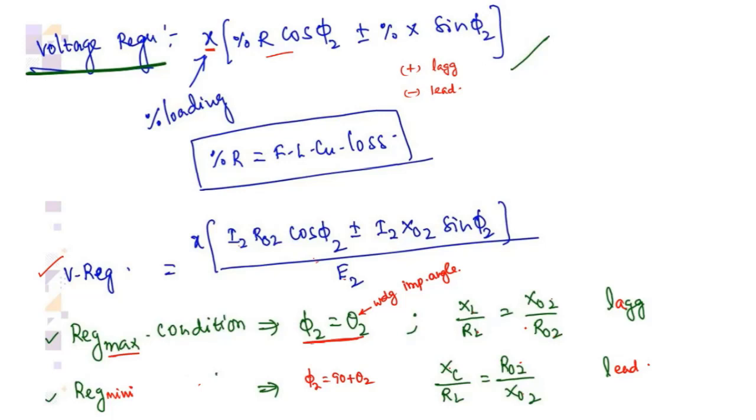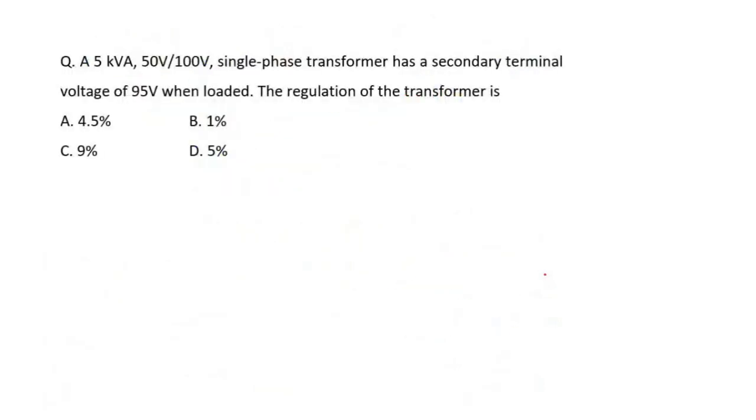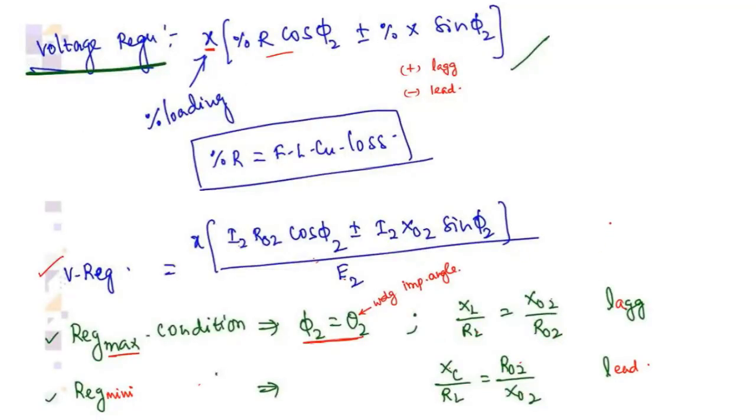Generally, this phi 2 is equal to 90 plus theta 2, probably. I'll show you the triangle. If you take up the triangle, it looks like this actually. This is R02, this is X02, and this is Z02.